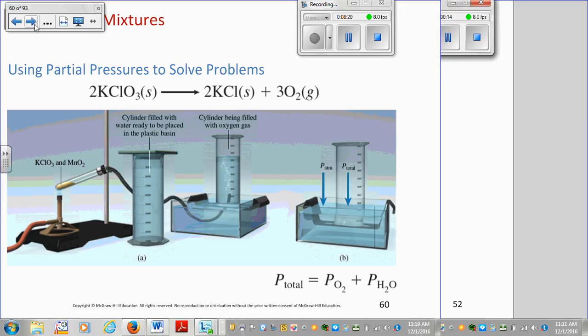So here's an example of setting up partial pressures to solve problems. Here we have potassium chlorate, a solid. If you heat it, you get potassium chloride plus oxygen. So here they have potassium chlorate and manganese oxide, and you're heating it, and you're calculating the oxygen by displacing water in the cylinder.